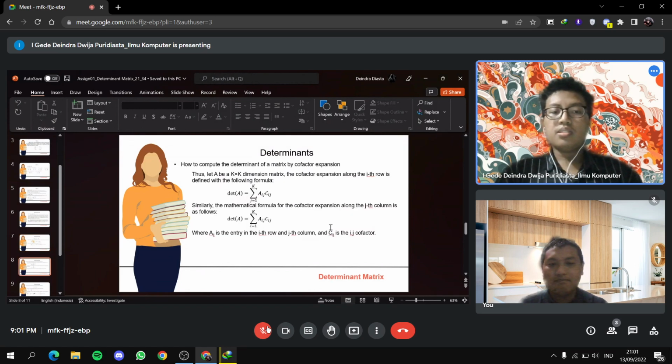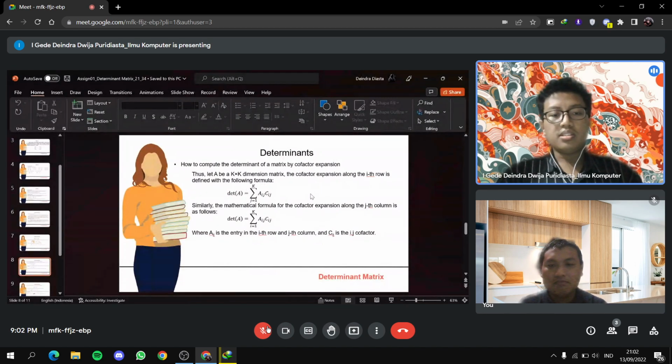And the next one, I'm going to explain how to compute the determinant of a matrix by cofactor expansion. Let A be a k times k dimension matrix. The cofactor expansion along the i th row is defined with the following formula, like this below.